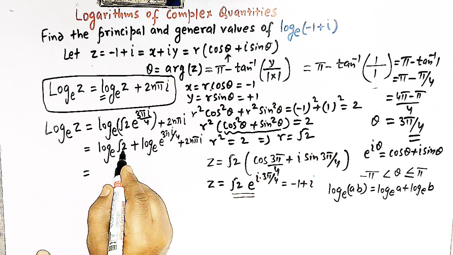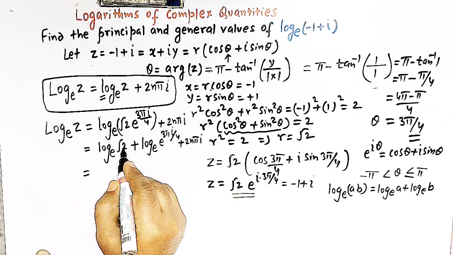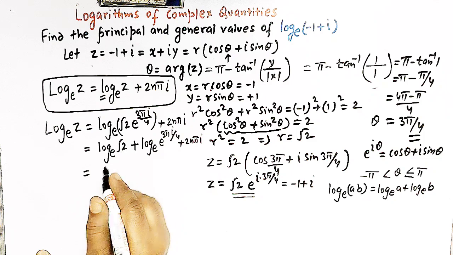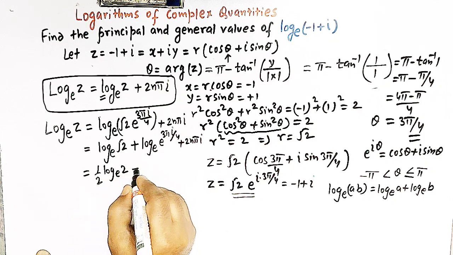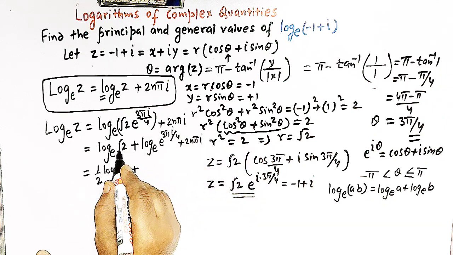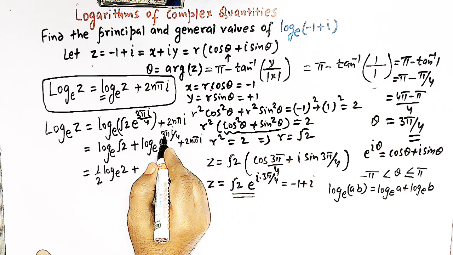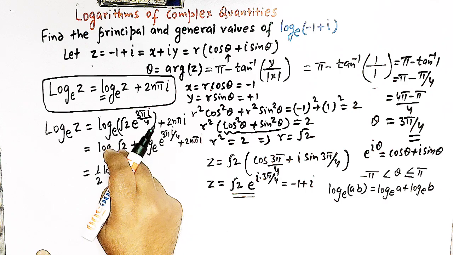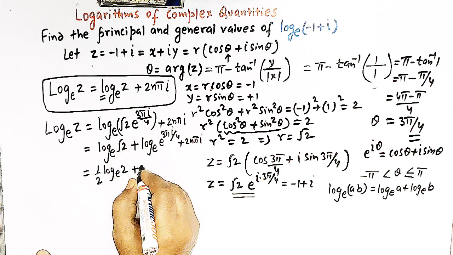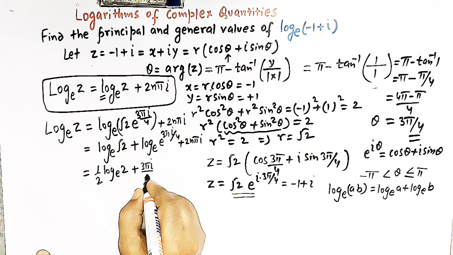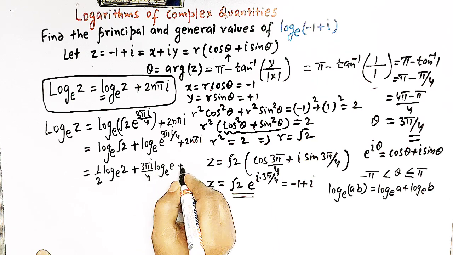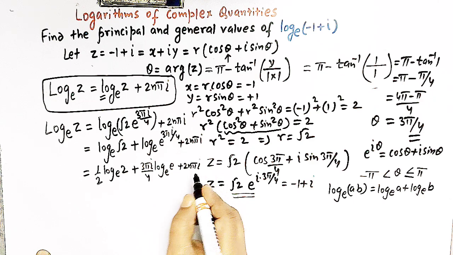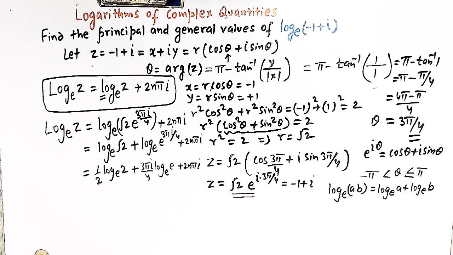So now here we can write square root of 2 as 2 raised to half. So we can now write half log of 2. And here again, using the laws of exponents, we can take 3 pi I over 4 in front of the log notation. So we have 3 pi I over 4 times log of e to the base e, and 2n pi I. And remember, n is a positive integer or negative integer or 0.